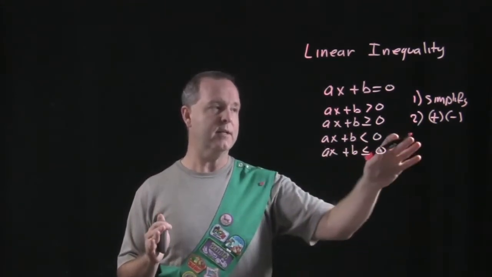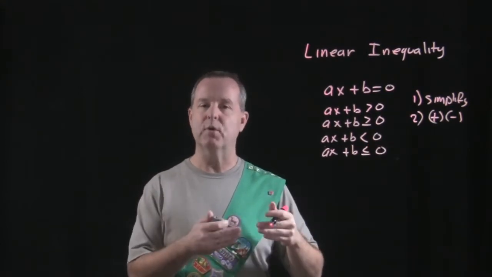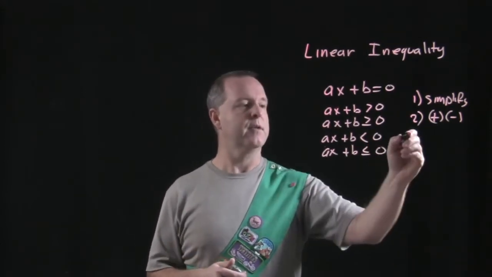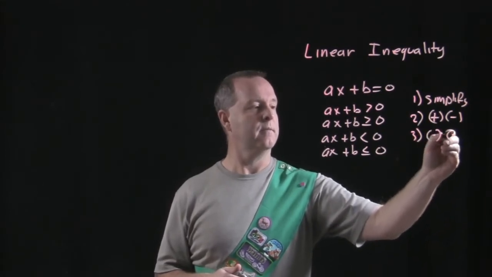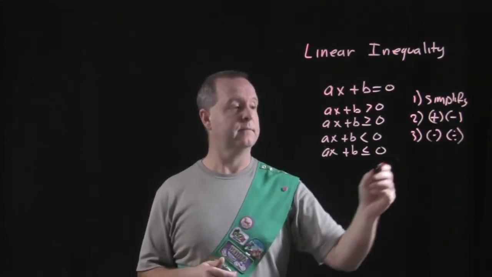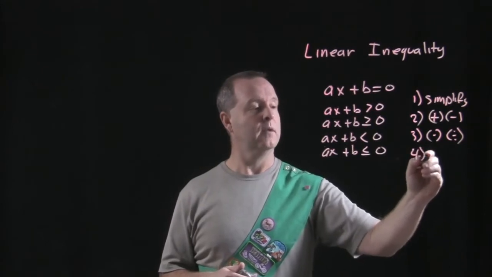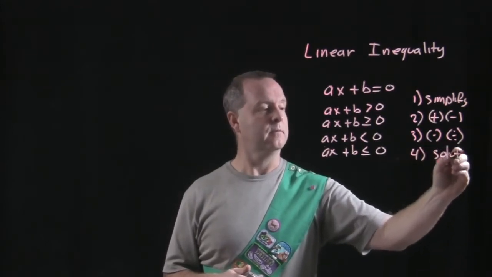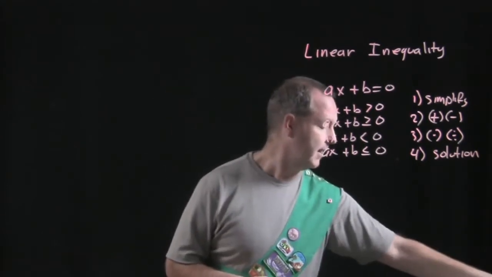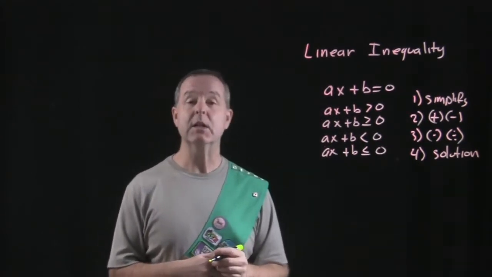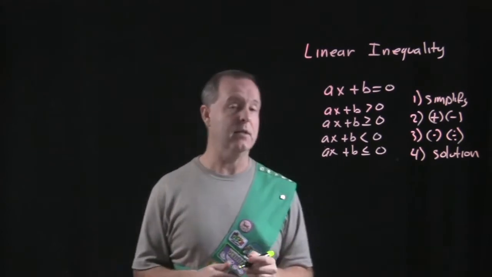The first thing we can do after we simplify is add or subtract any constants. The third thing that we would like to do is to do any multiplications or divisions. And then four, well, what's our solution? Let's present our solution in a way that makes sense. So let's look at an example and see what that looks like.